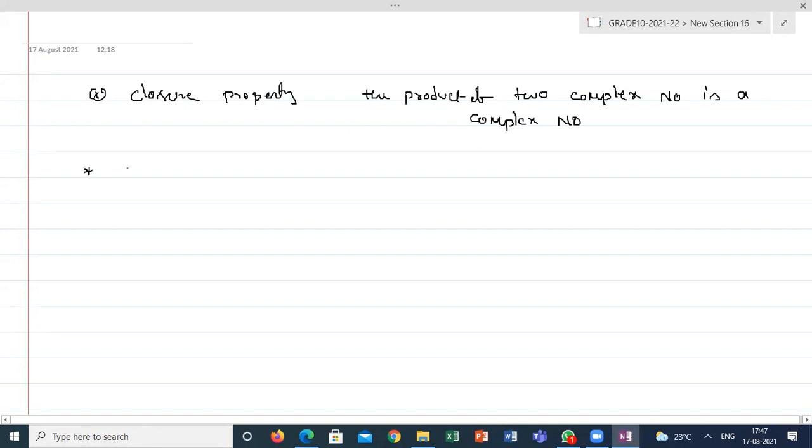Second one is the commutative property, or law: the product of Z1 and Z2 will be equal to the product of Z2 and Z1.